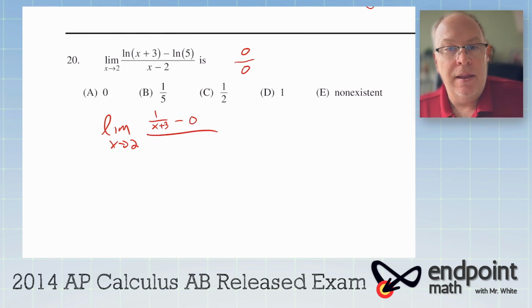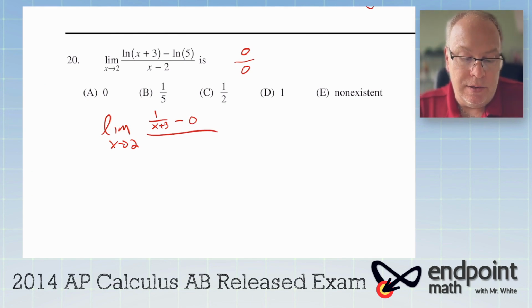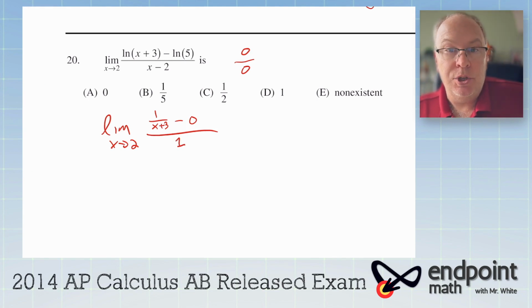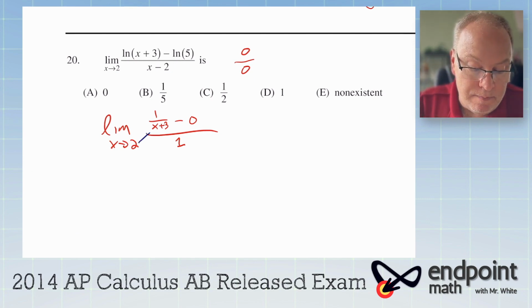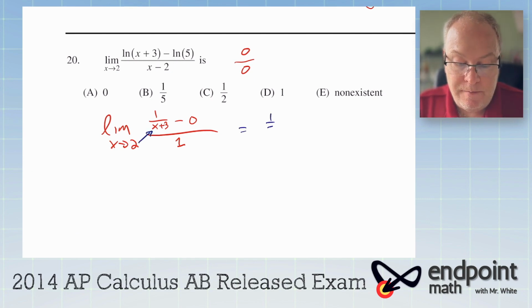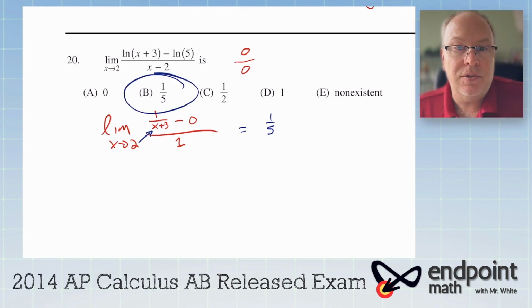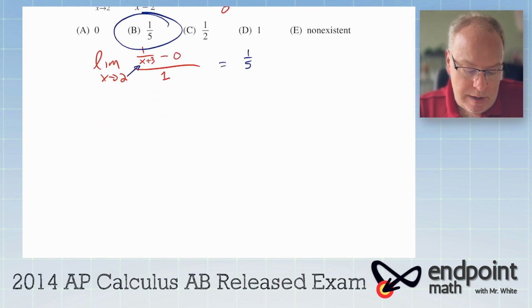That's nice. And then the bottom, the derivative of x minus 2 is 1. Now can you plug in 2 safely without any divide by 0 problems? You bet. We plug it in there, we get 1/5 minus 0 all over 1, which is just 1/5. That's the answer. That wasn't so bad. It looked kind of crazy at first. All right, moving on.